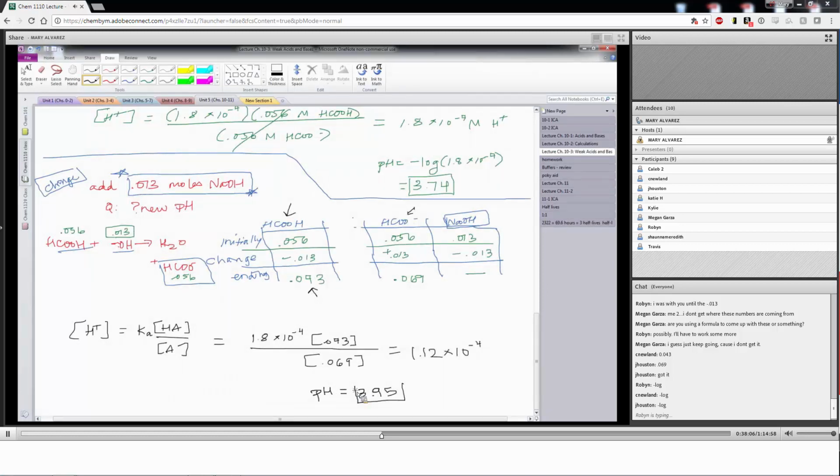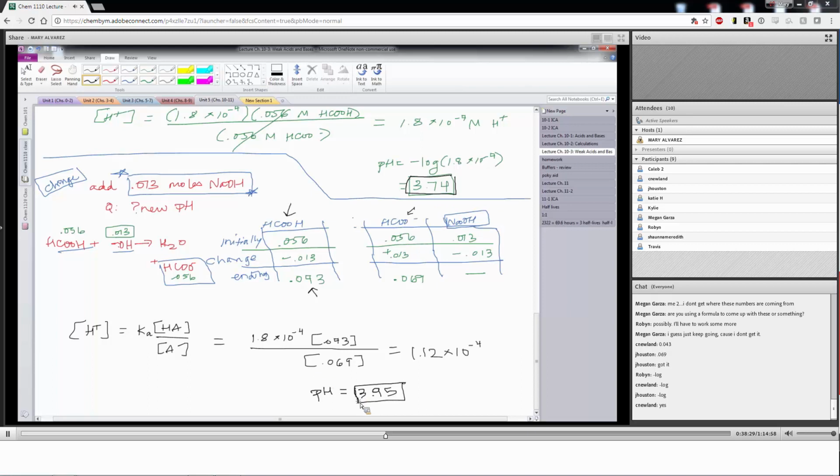Now, first we need to make sure that this makes sense. I added a base, so my system should have gotten a little bit more basic. Did my system become more basic? Did that solution become more basic? Yes, it was previously 3.74 pH, and now it's 3.95 pH.